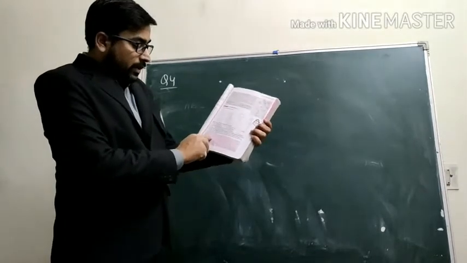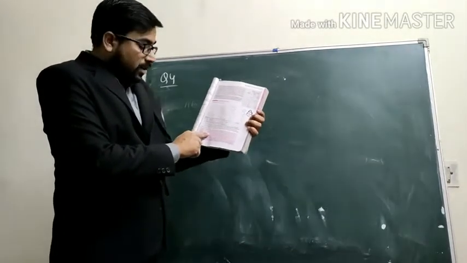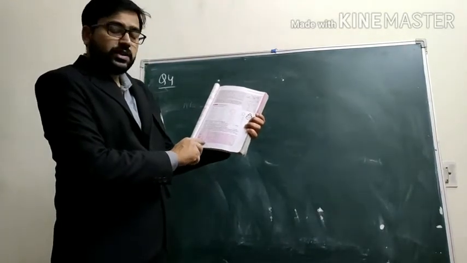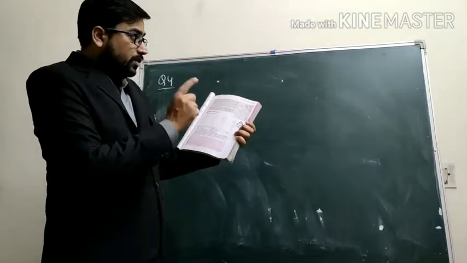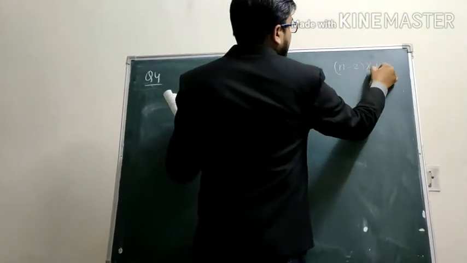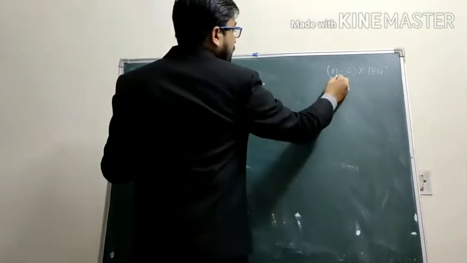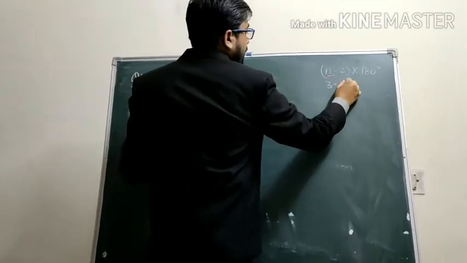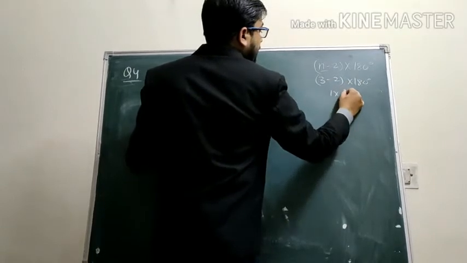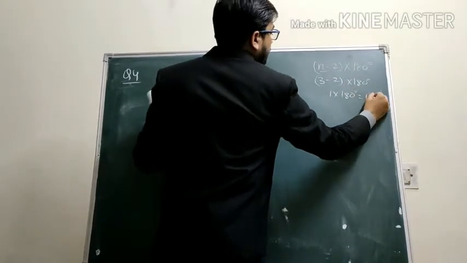So in the figure, this is a triangle. Number of sides equals 3 and the angle sum is 180 degrees. n minus 2 into 180 degrees also gives 180 degrees: 3 minus 2 into 180 gives 1 into 180, that is 180 degrees.